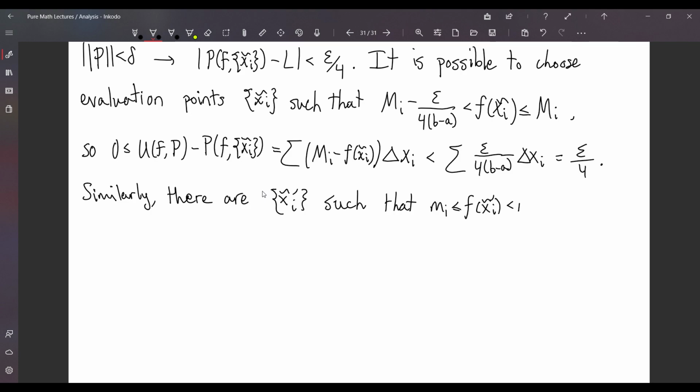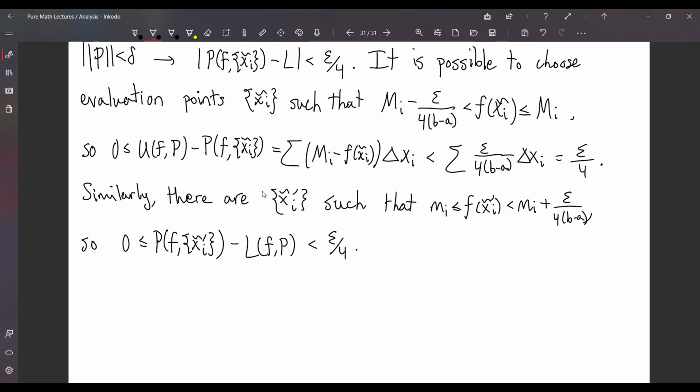So this is going to be m sub I plus epsilon over 4(b minus a), and this is going to give us that 0 is less than or equal to the Riemann sum with respect to these evaluation points minus the lower sum is going to be less than epsilon over 4.